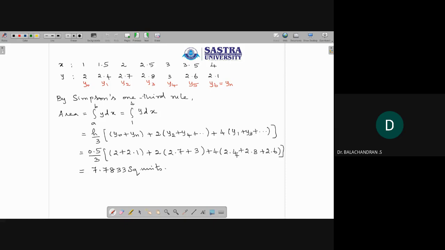Using a calculator you should simplify and get the answer 7.7833 square units.